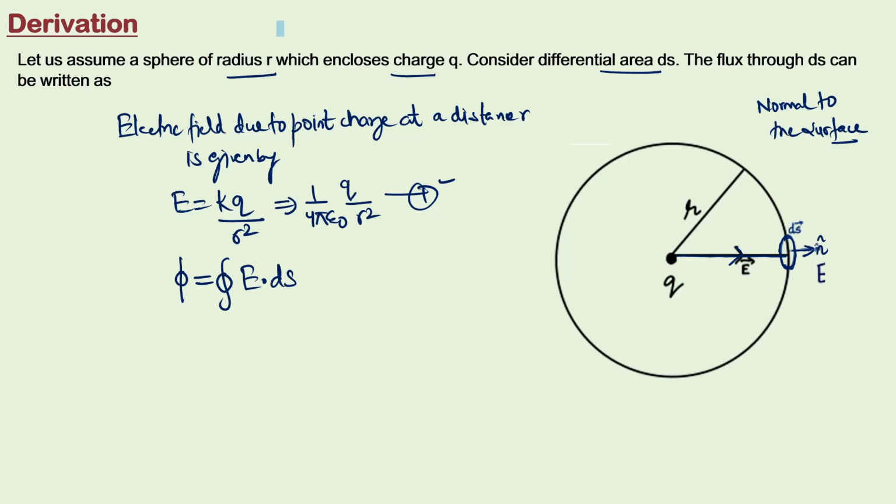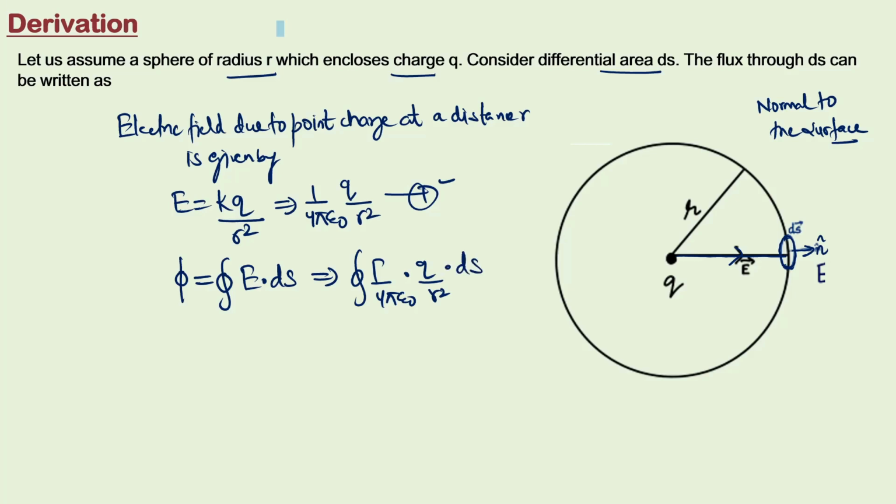Putting the value of E from equation 1, we obtain 1 by 4 pi epsilon naught q by r square into dS.